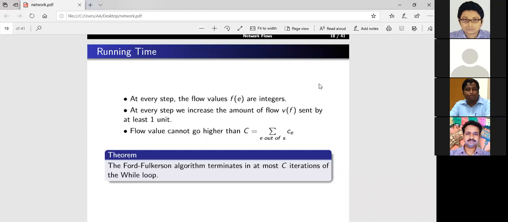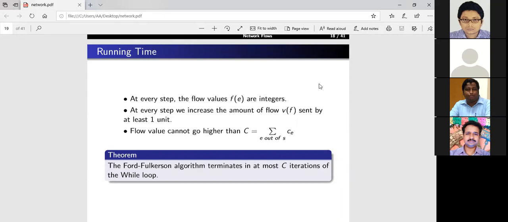Okay, what happens is, just think of integer values first. If the values are integers, at every step, if you find an augmenting path, you increment the value by at least 1, because if all the capacities and every value is an integer, the minimum bottleneck value is 1.